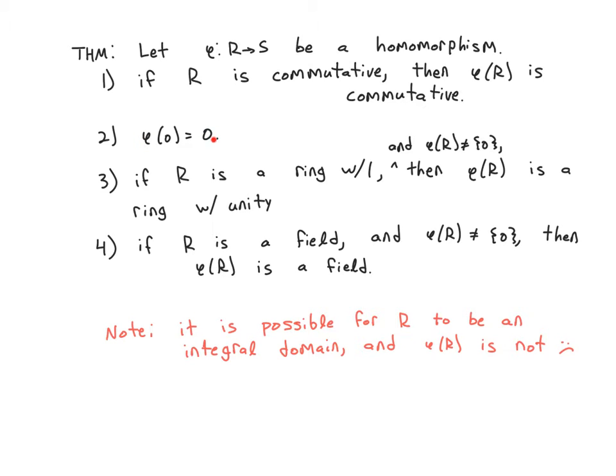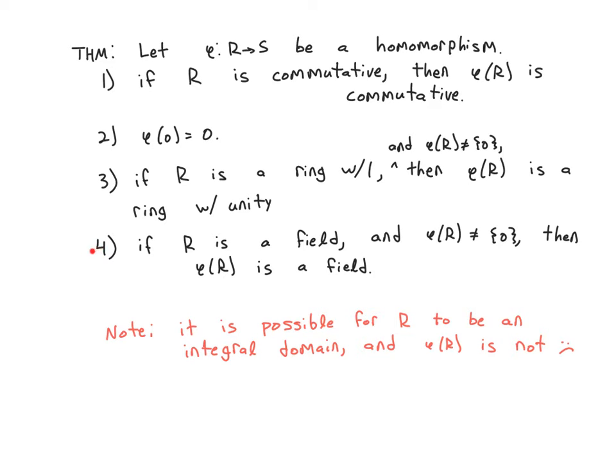The zero element is sent to the zero element. If R has a multiplicative identity, and the image is non-zero, then the image also has a multiplicative identity. And if R is a field and the image is non-zero, then the image is also a field.